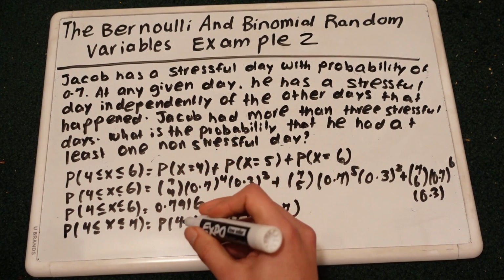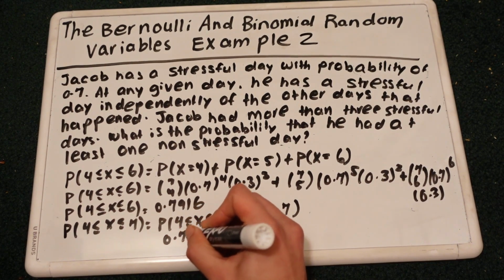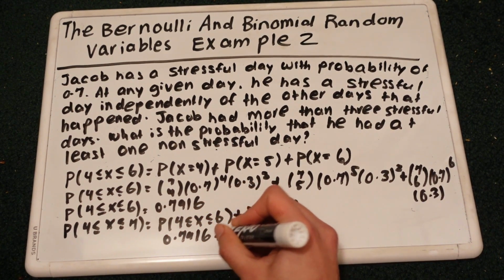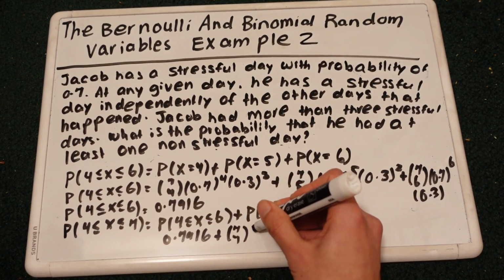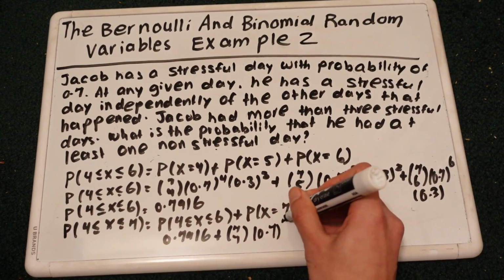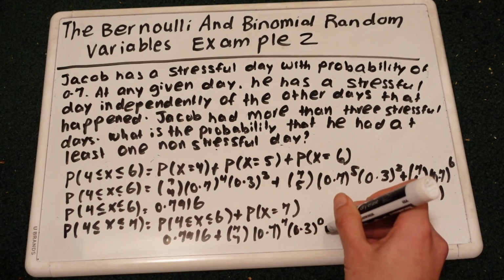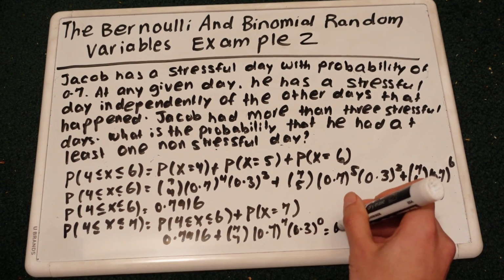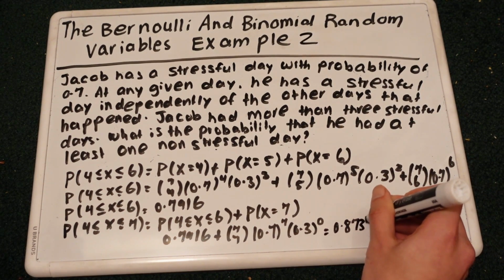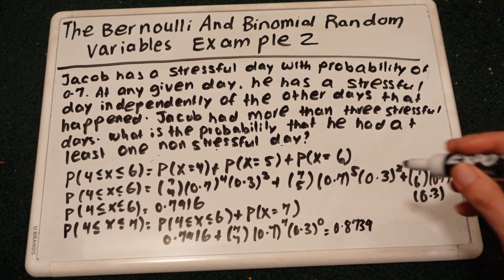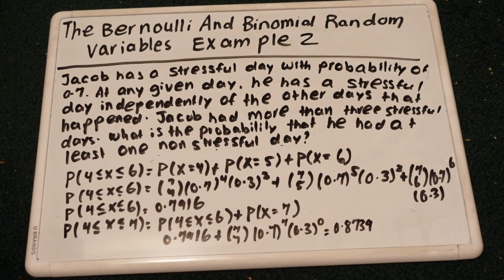And we already figured out what the probability of X between 4 and 6 is. It's 0.7916 plus 7 choose 7 times 0.7 to the 7th times 0.3 to the 0. And this would just equal 0.8739.